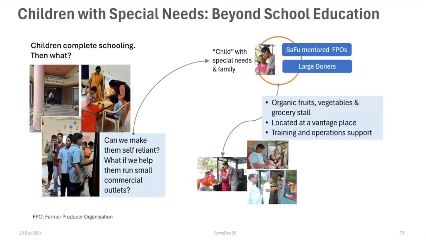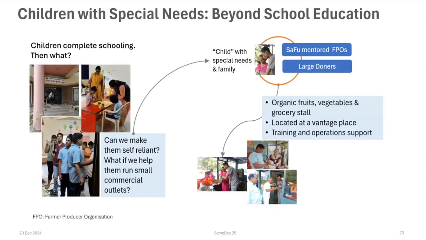There was one funder who was willing to fund, but the basic mindset was there to leverage that opportunity: could we run some stalls which can sell organic fruits, vegetables, etc., which will be manned by these kids who are now grown up? So one such stall is already operational.